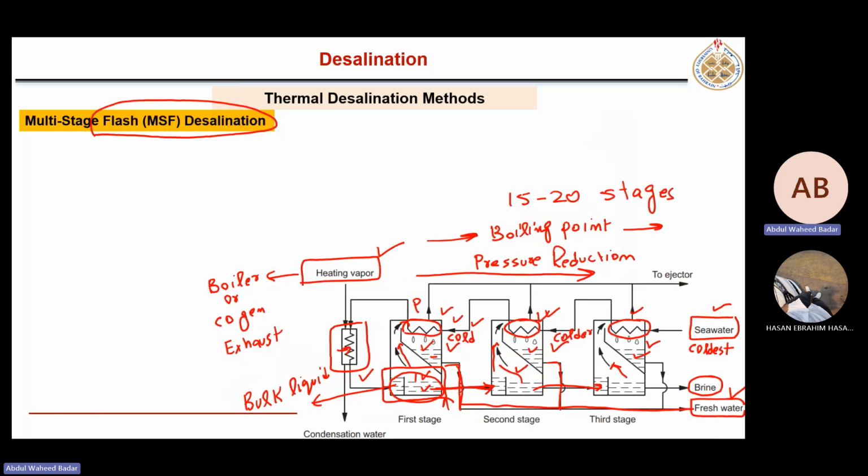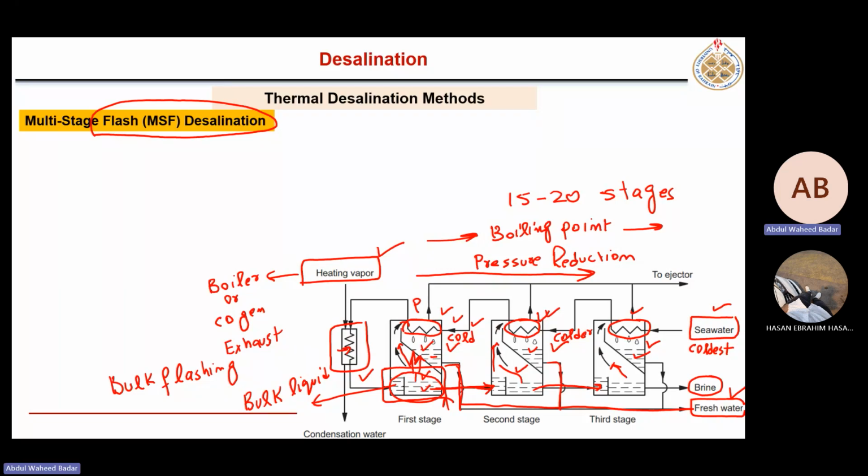Here, there is no heat transfer surface, so here we are relying on bulk flashing, where seawater flashes suddenly into vapor. So here we need a large temperature difference, and some energy is wasted during this flashing, right?